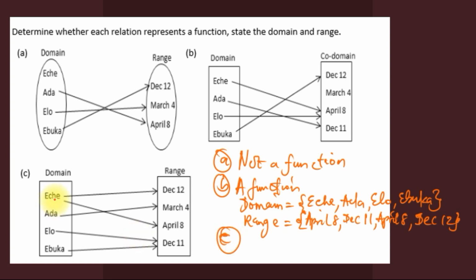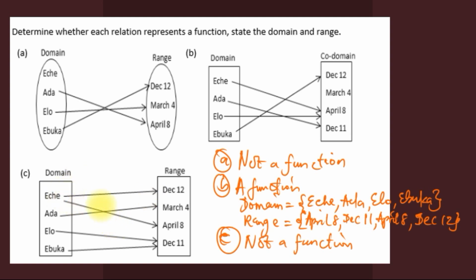So the last one. Let's check whether it's a function. This is not a function. Do you see why? Let me show you why. If you notice, Eche has two different images, which is not possible.